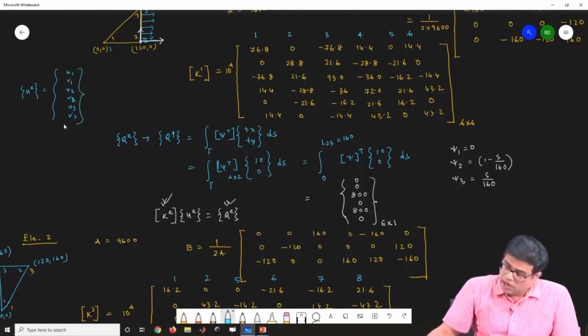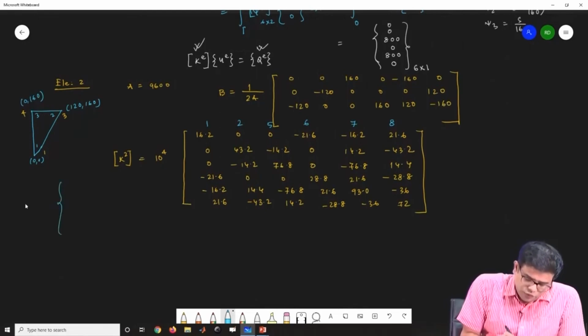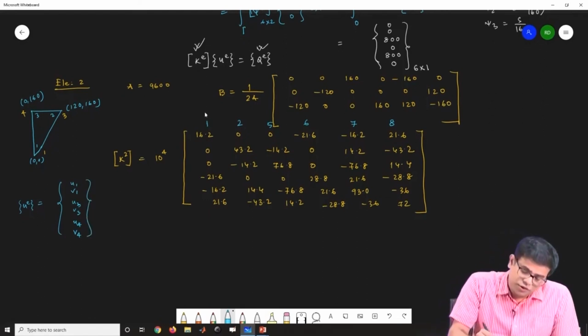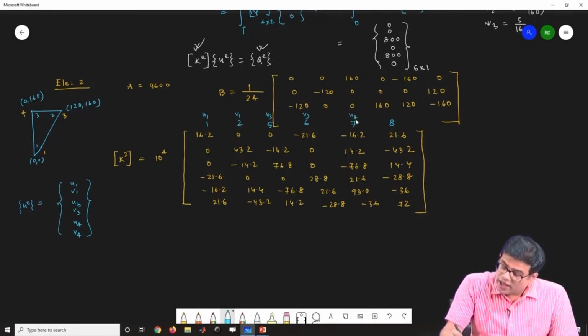Here the degrees of freedom, the UE vector, will be U1, V1, U5, V5, U2, V2, U3, V3, then U4, V4. So this 1 corresponds to U1, 2 corresponds to V1, then 5 corresponds to U3, 6 corresponds to V3, then this is U4 and V4.